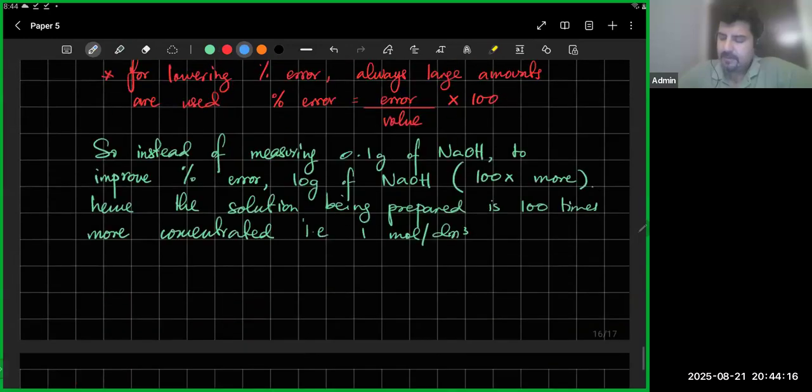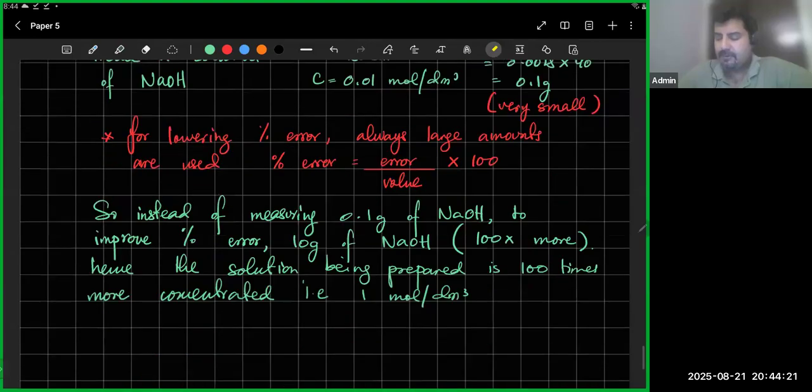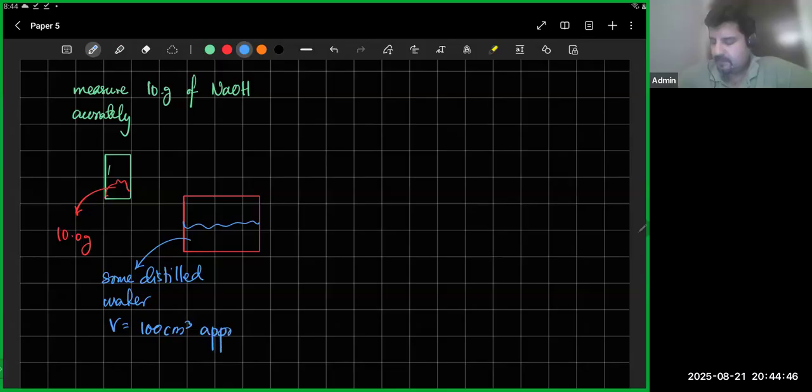and you remember the original challenge was that I had to prepare a 250 cm cube solution, but instead what I'm going to do is take that 10 grams and put it in some distilled water. Let's assume that's 100 cm cube distilled water, approximately.